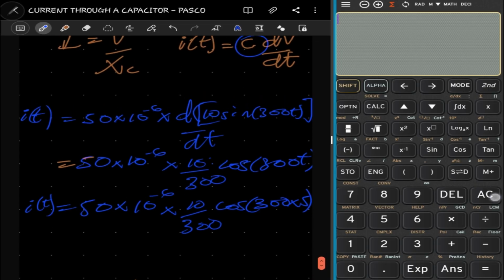So that's 50 times 10 to the power minus 6, times 10 on 300, cos of 300 times 5, and remember this should be in radians because of the trig function that we have.